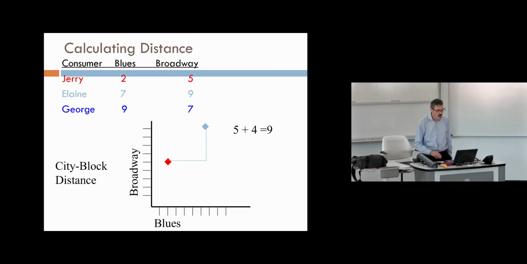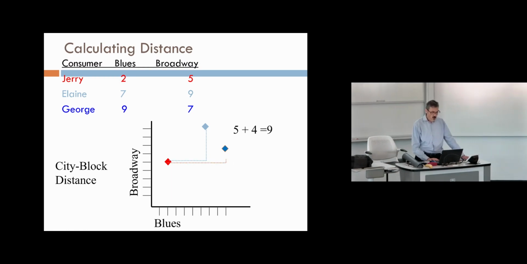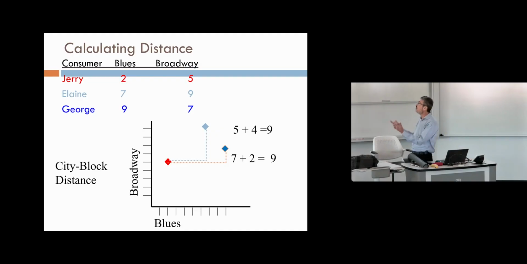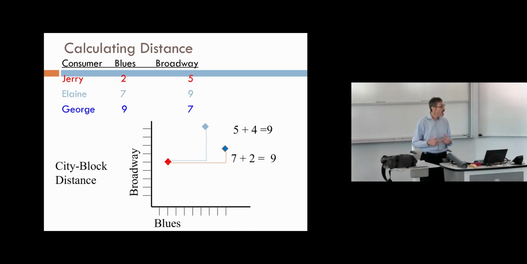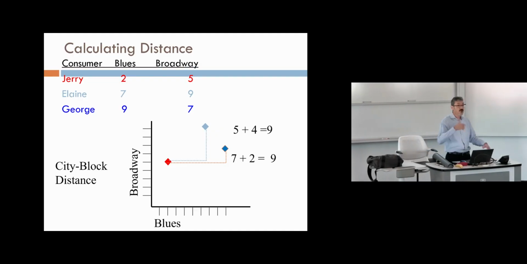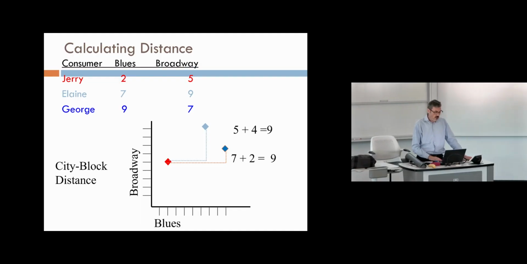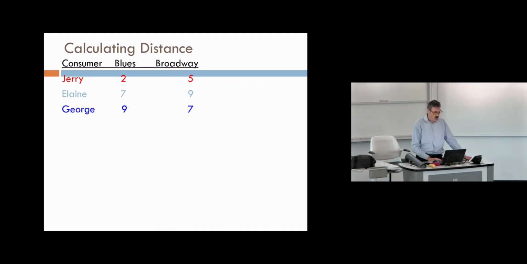In which case I would say, look, how far apart is George and Elaine? If I just take the differences and add them up, 5 and 4 is 9. That's how far apart they are. And then how far apart is Jerry from George? I just add them up and I would say that they're 9. In which case I'm saying that Jerry is just as far from Elaine as Jerry is from George if I measure in this way using the Manhattan or city block distance.